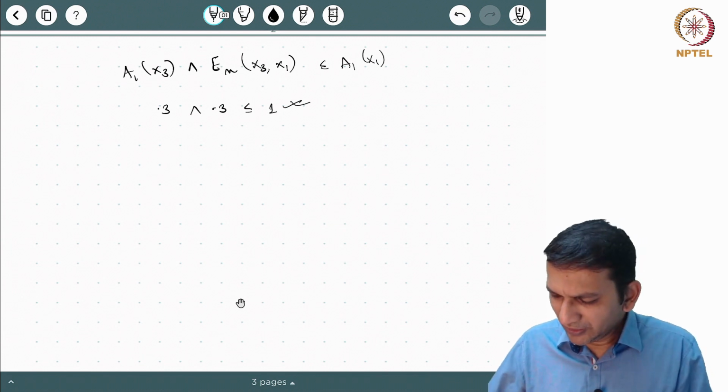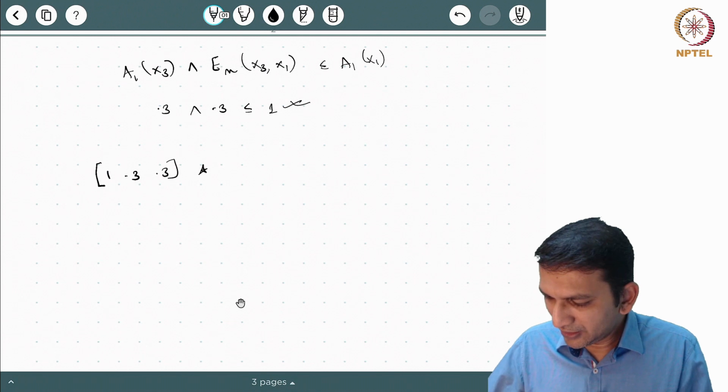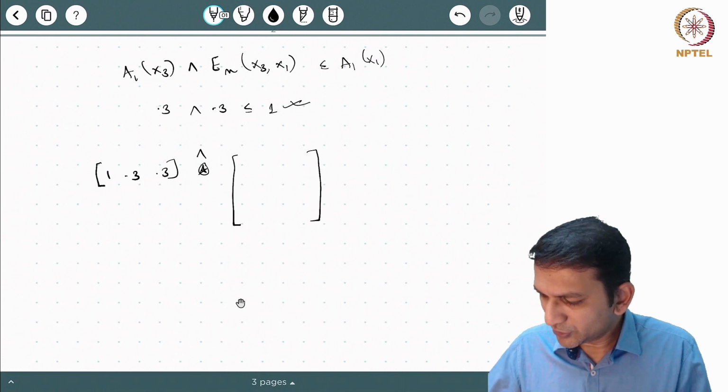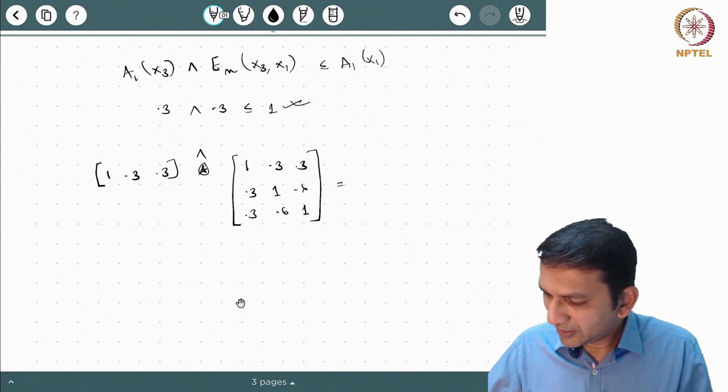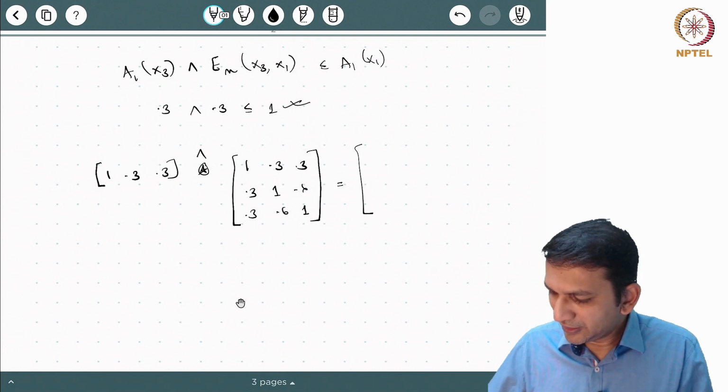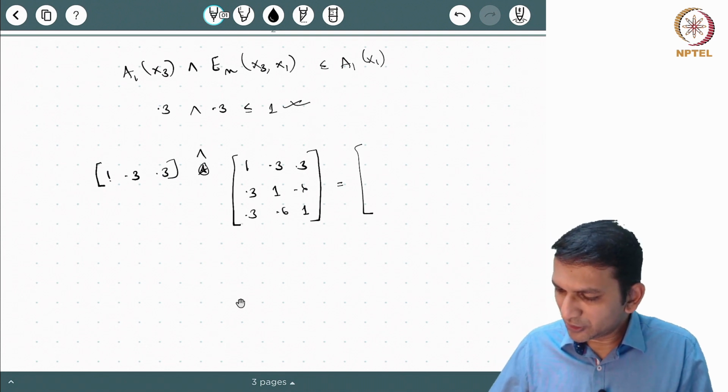So the easiest way is to write something like this. Let's write A1 star Em, which is the matrix with rows (1, 0.3, 0.3), (0.3, 1, 0.6), (0.3, 0.6, 1), and take each of these and multiply with the corresponding row.